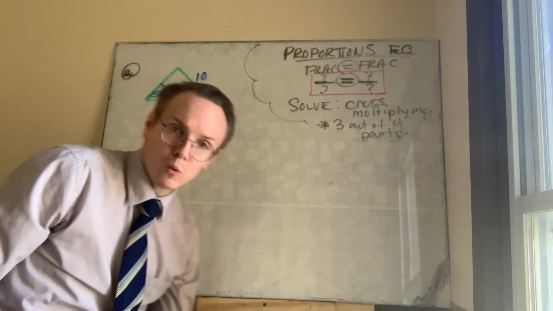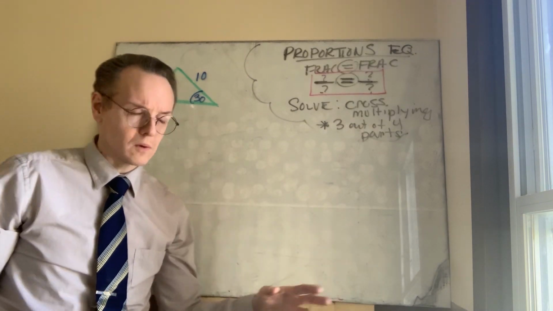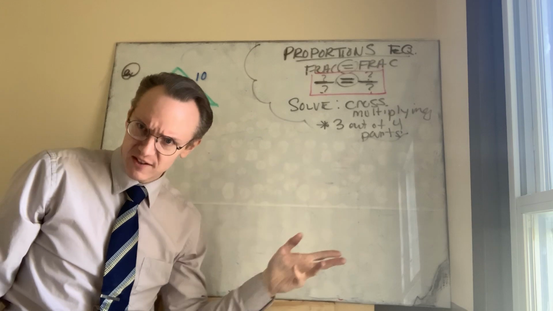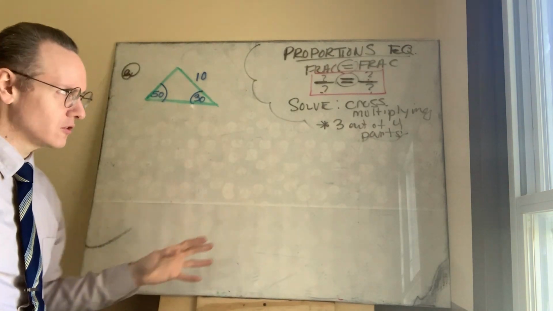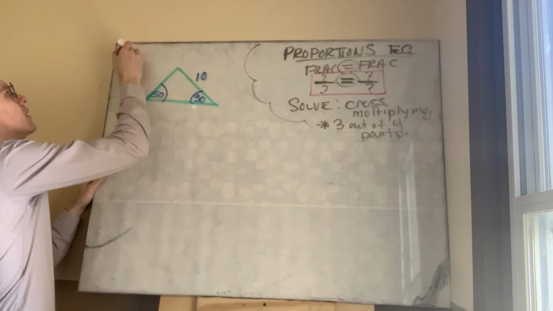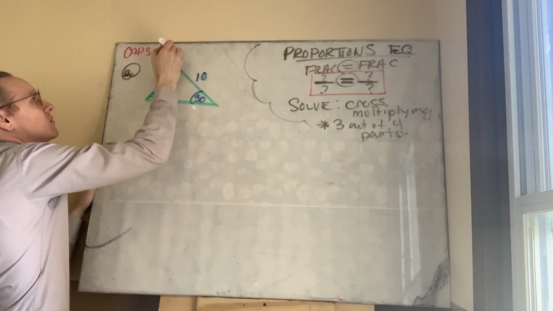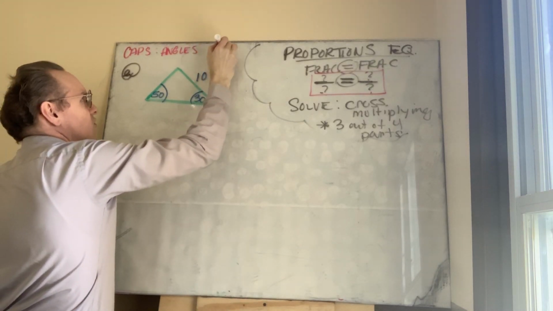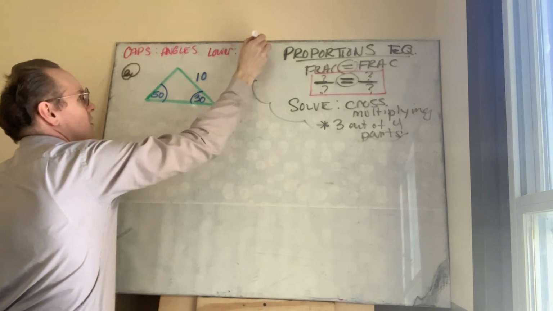Now what I would do is label them. Label the angles with capital letters at least, and label the side dimensions with lowercase letters. Caps are angles, and lowercase is side dimensions.